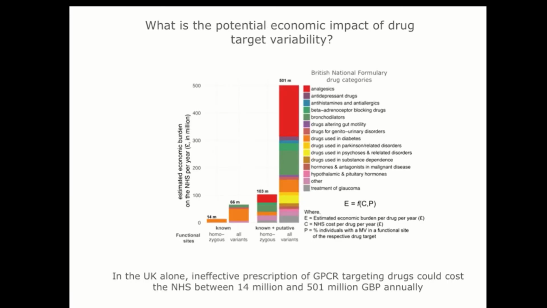The last section of our study looks at the potential economic impact of drug target variability. We developed an economic model and estimated that in the UK alone, the ineffective prescription of GPCR targeting drugs could cost the NHS between £40 million and £500 million annually. Given the extensive use of these drugs across the globe, these estimates are likely to be the tip of the iceberg in terms of global healthcare costs.